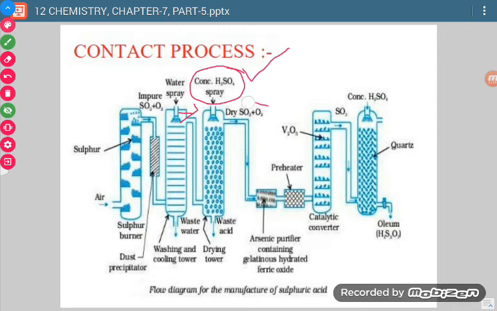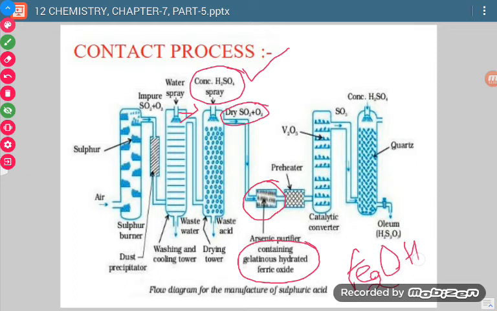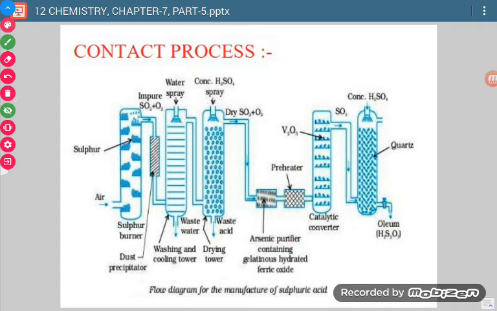Okay, so now dry sulphur dioxide gas will be fed into arsenic purifier. Now what is this? Here what is taken? Ferric hydroxide. See, here in this particular chamber we take hydrated form of ferric oxide.